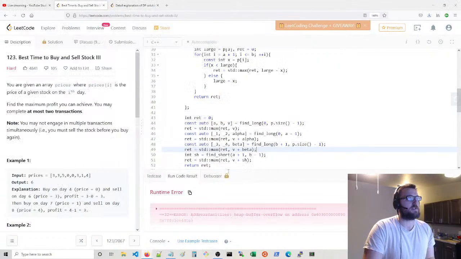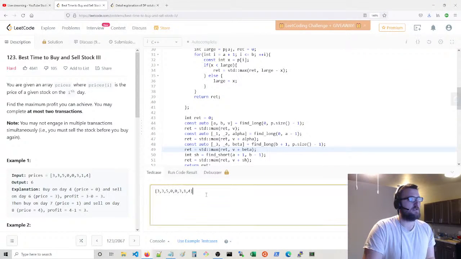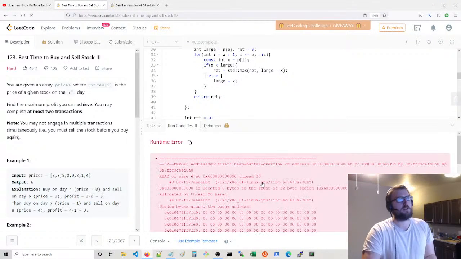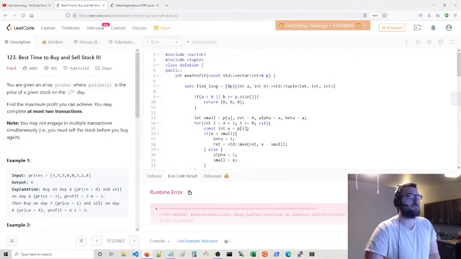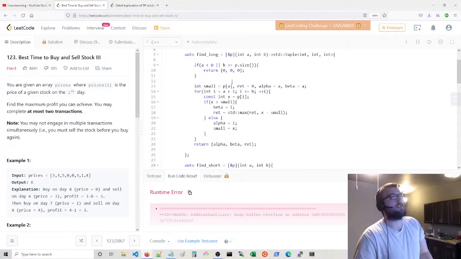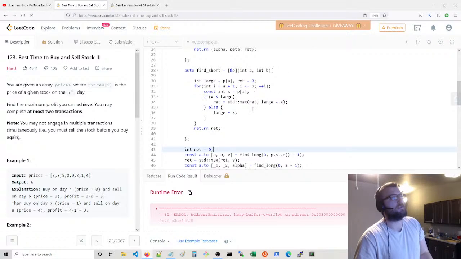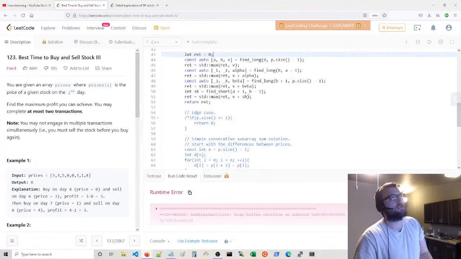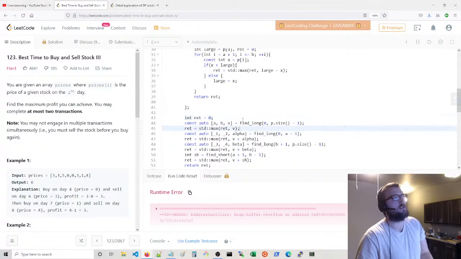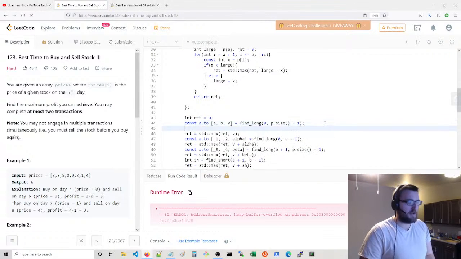So we lost some of our test cases. Heap buffer overflow. Oh, no kidding. Really? Wow, I was not expecting that.